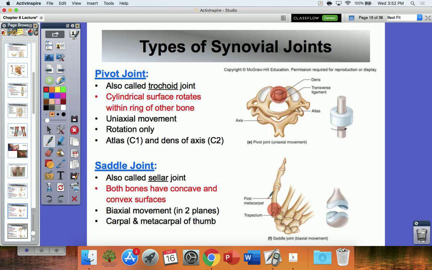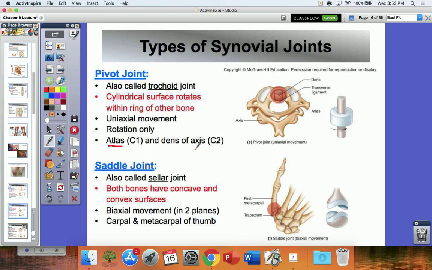Now we have our pivot joint. Whenever you think about pivot, for instance, I kind of think about basketball. When a person is pivoting, they're pivoting around this one stationary foot, or maybe even pivoting or rotating on a central axis. And so this only allows for rotation. And this is going to be found between the atlas and the axis.